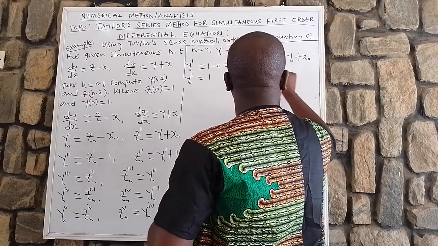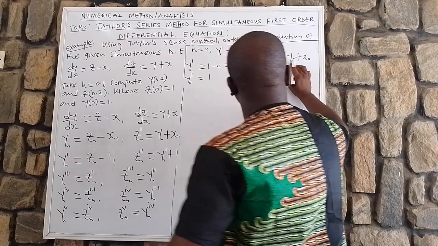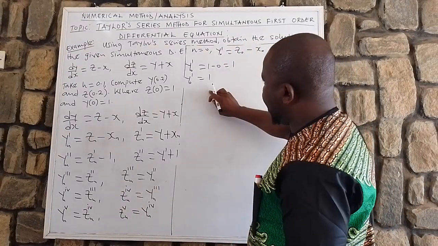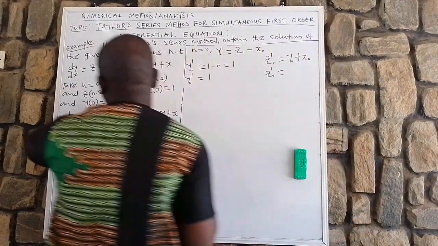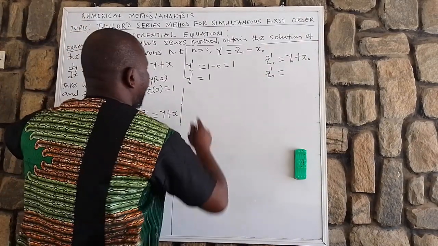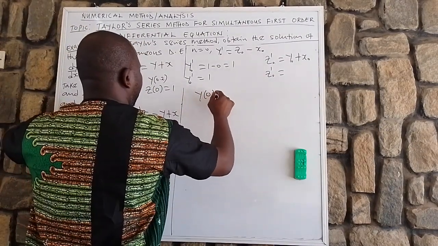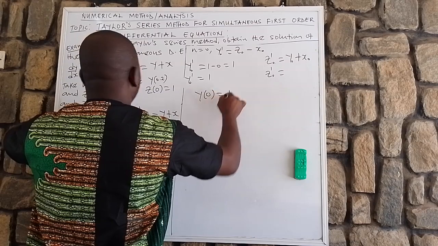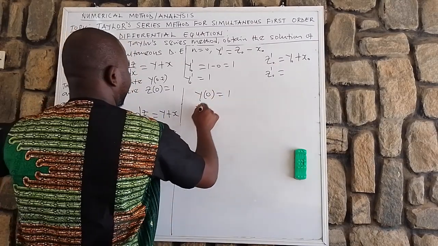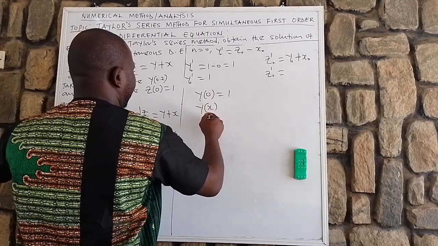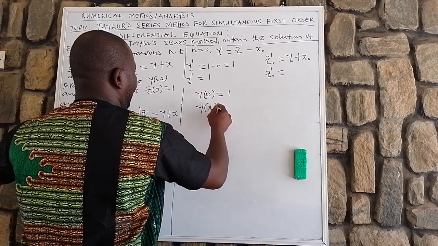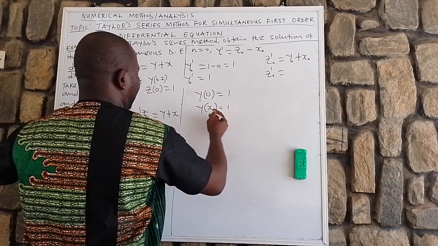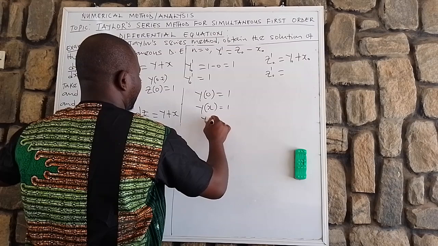Then what is our y naught? I told you, look at it, it's given as y of 0 is equal to 1. So this is the same as y of x equals 1. That is, it means our y naught is 1.